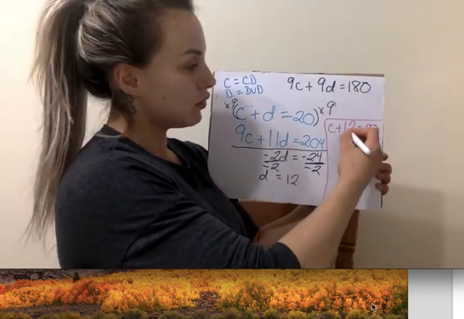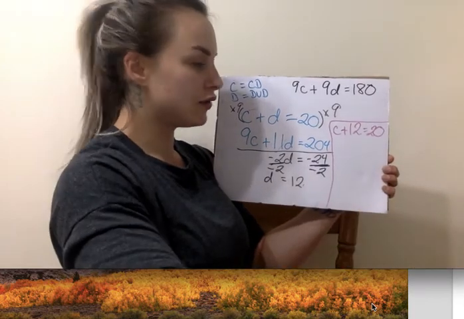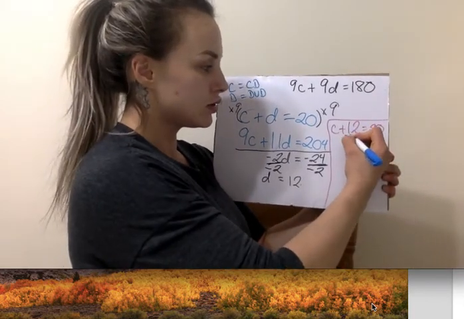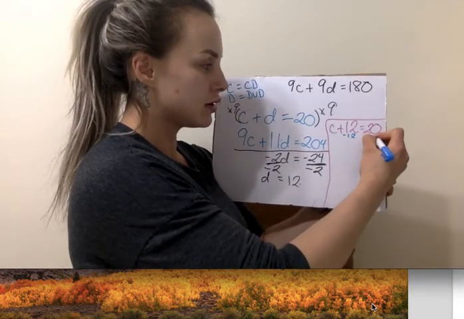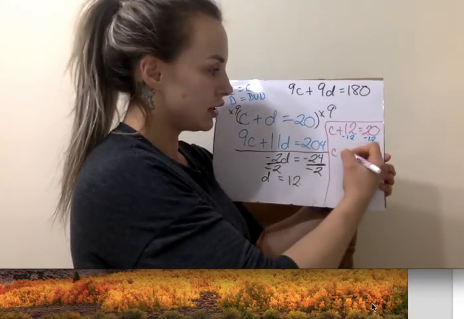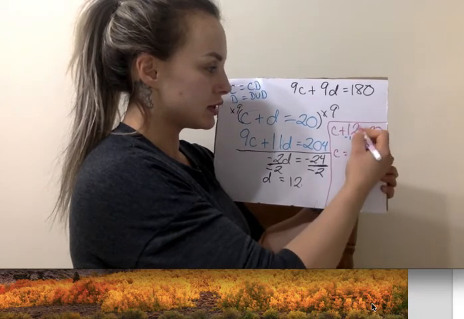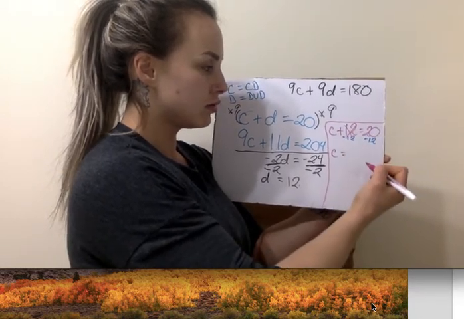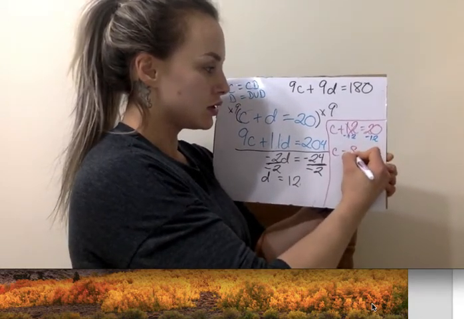And so we move this to the other side, and by doing that we have to minus 12 and minus 12, which gives us C equals 8.